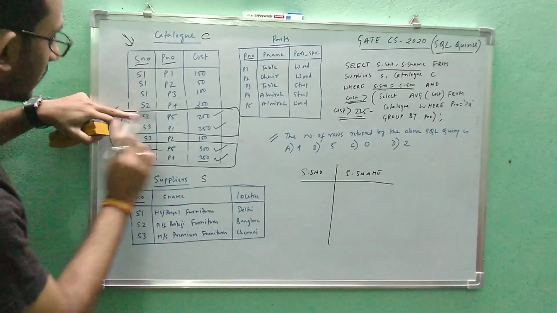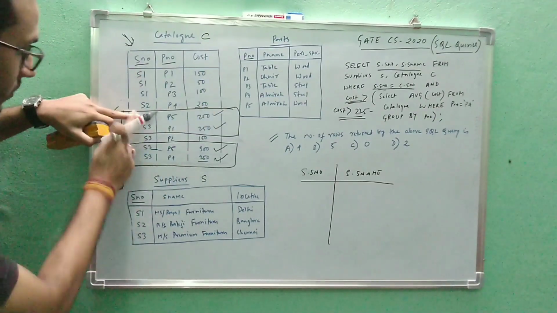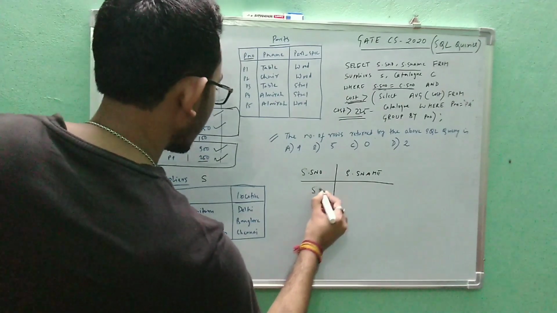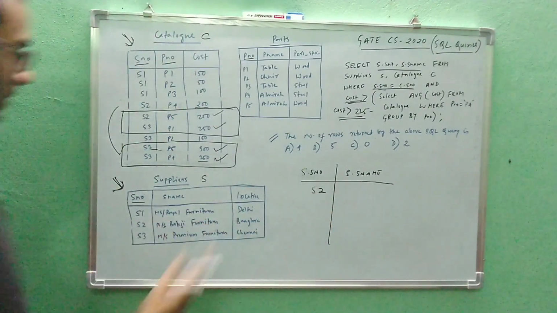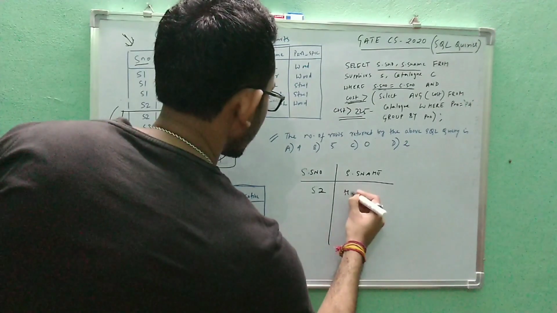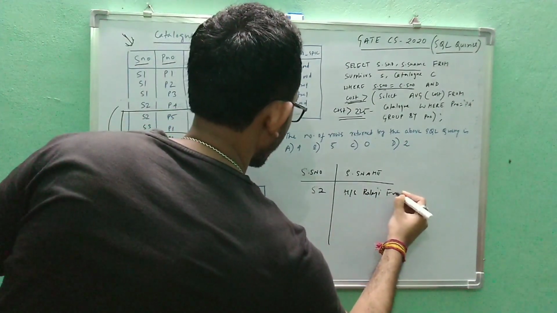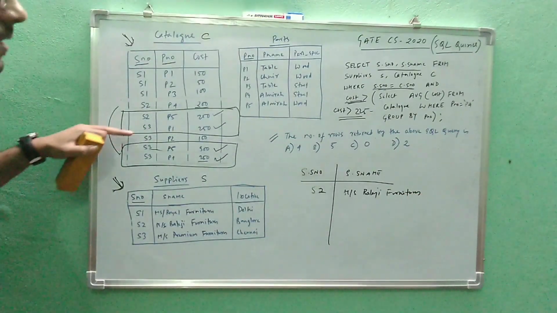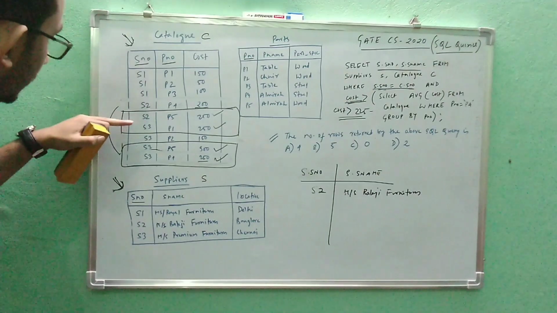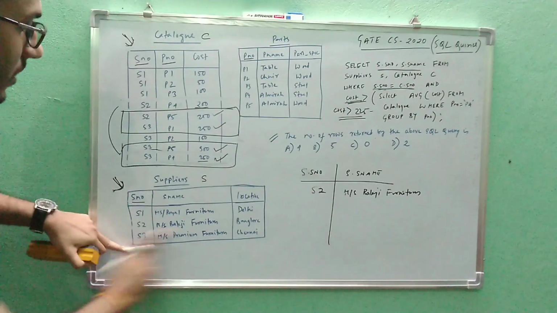So now S2 is matching, cost is already matching, so now we'll print S2 here, and this Balaji Furnitures. Okay, done. Fine. S3 is there, S3 and Premium Furnitures.